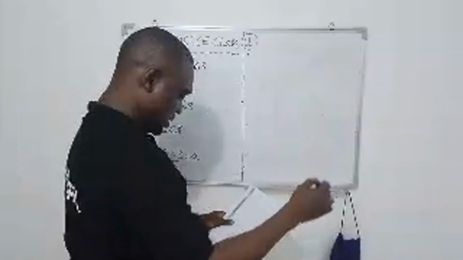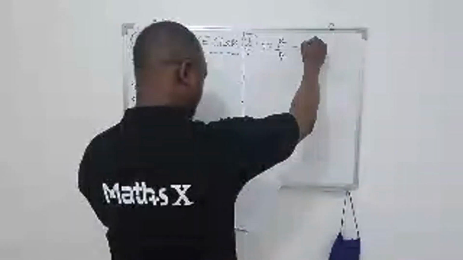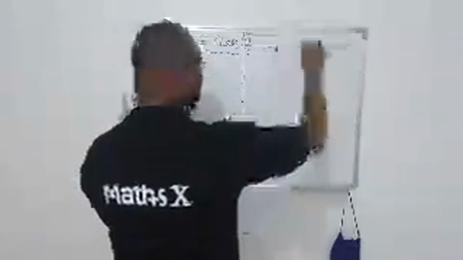So for number 2, it says given that y is PR over M minus P square R bracket to the power minus 3 over 2.